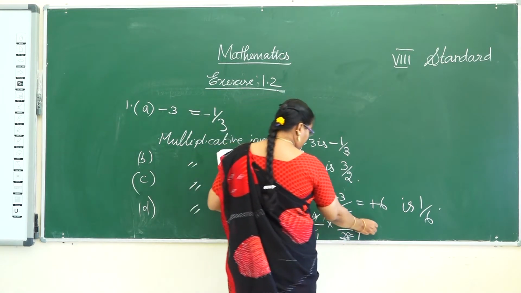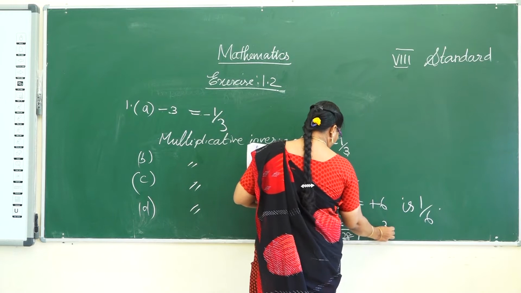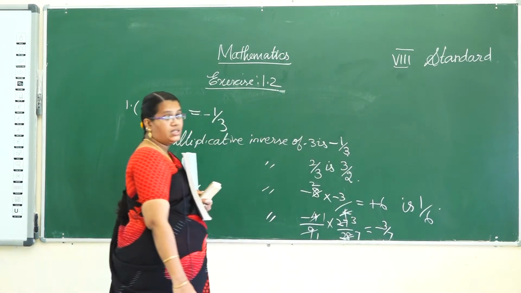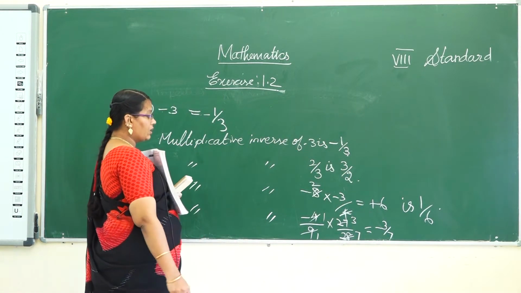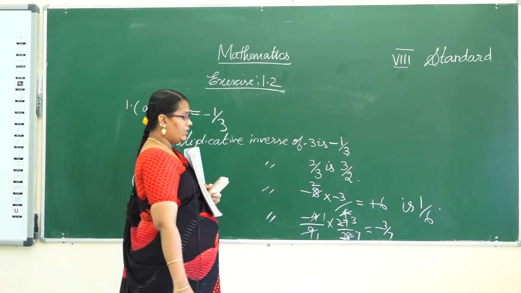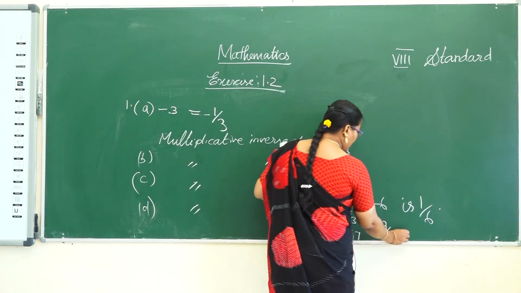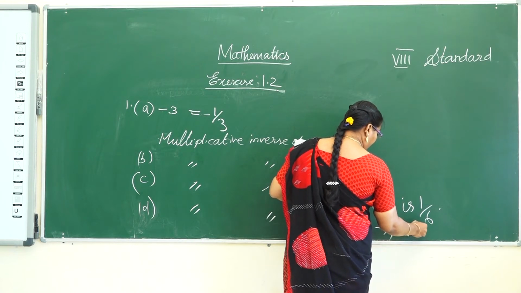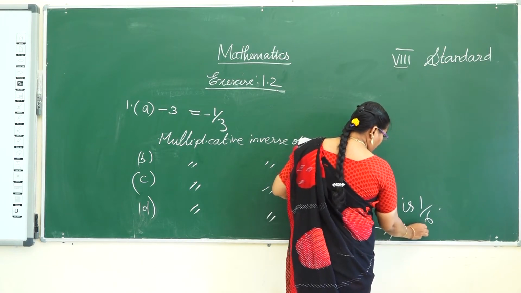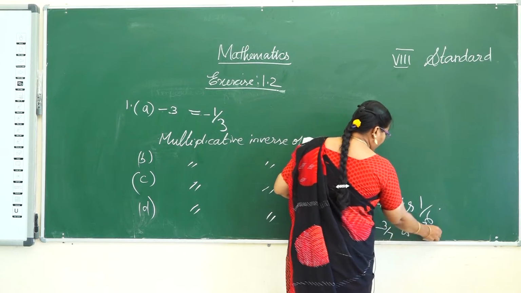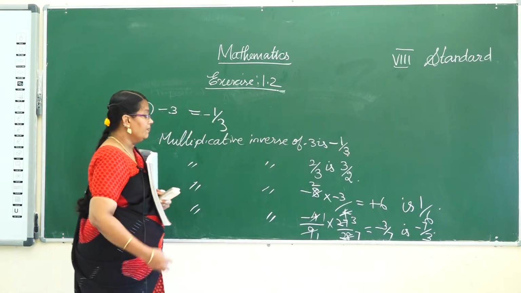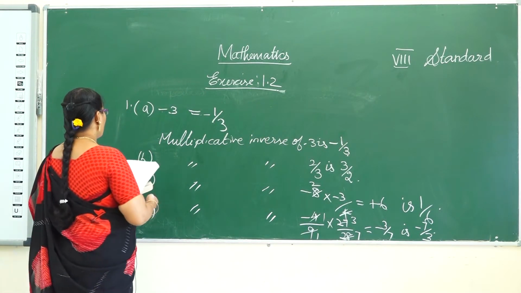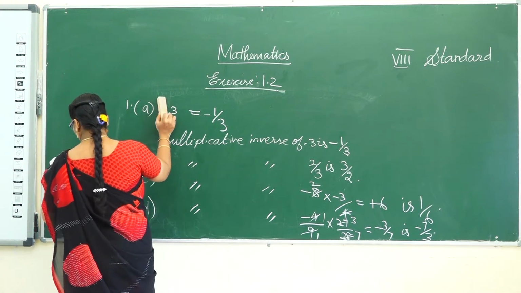So the answer is minus 3 by 7. The inverse value is needed, so minus 3 by 7 has the multiplicative inverse minus 7 by 3. Next one, second problem.